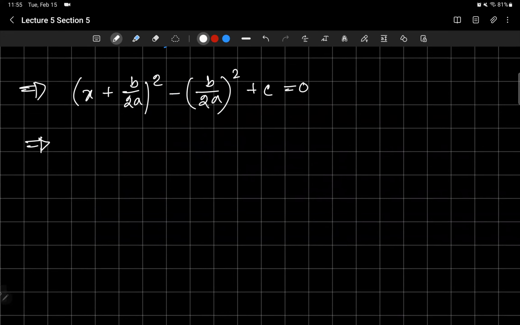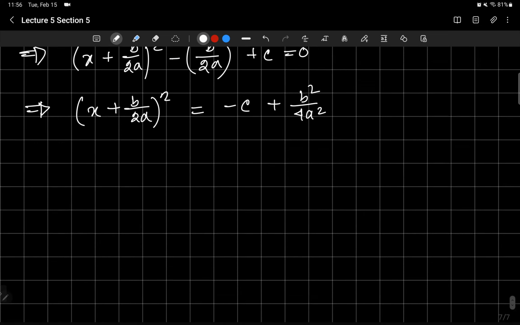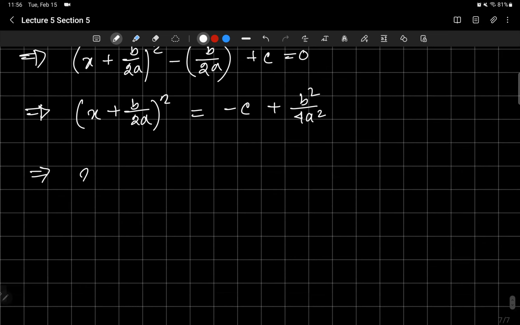So let's keep the part with x on left hand side and drag all the other stuff on the right hand side. So this is minus c by a plus b square by 4a square, and x plus b by 2a is just square root over b square by 4a square minus c by a.